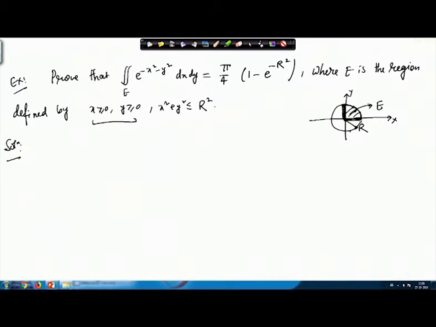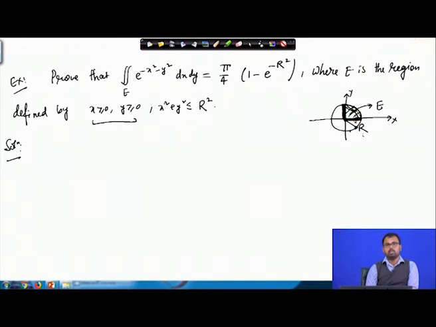So, in this region, of course, r is running from 0 to capital R, up to the radius, but theta is running from 0 to pi by 2 only, because we are not completing the whole circle, we are just sticking to this half only. So, in that case we have theta running between 0 and pi by 2. So, let us write this transformation.